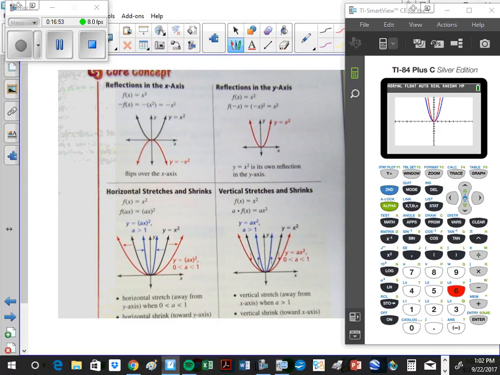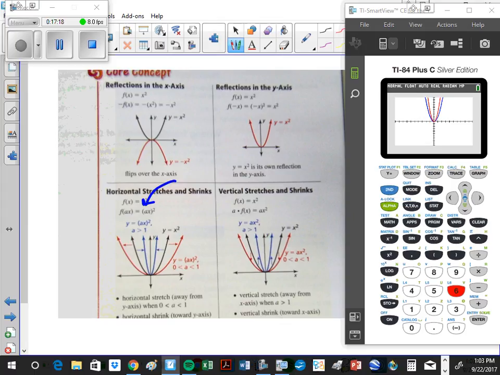All right, and then horizontal stretches and shrinks. If I multiply on the inside, it's either going to get wider or thinner. How do I make it thinner? What numbers do I need to use to make it thinner? So remember, the x's work backwards.